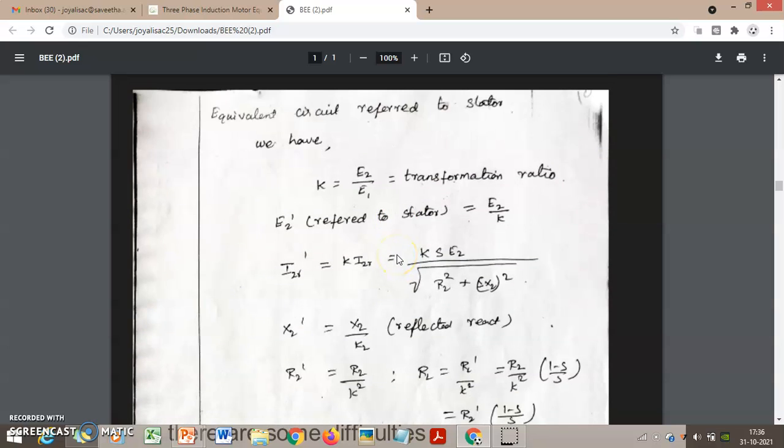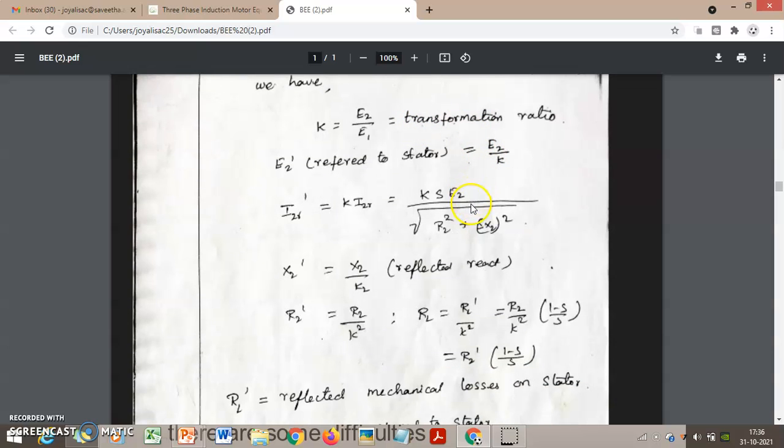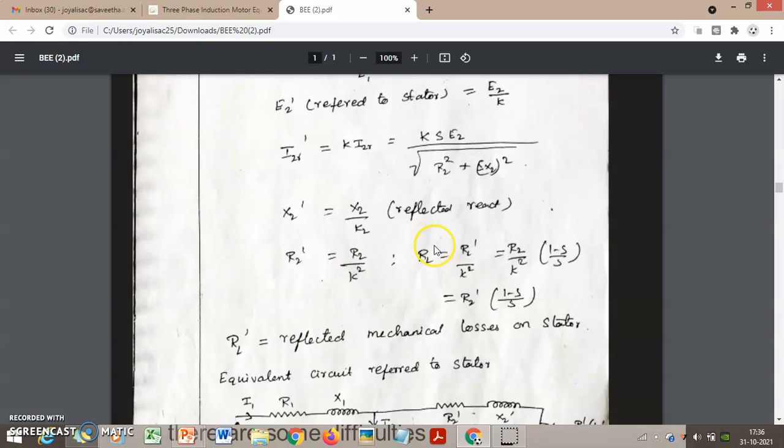When we want to take the rotor side to the stator side, all the rotor components should be represented with dash. So E2 becomes E2 dash, I2R becomes I2 dash, X2 becomes X2 dash, and R2 becomes R2 dash.